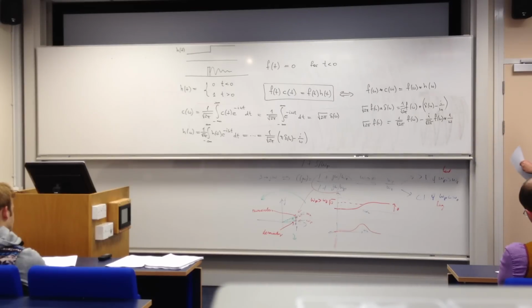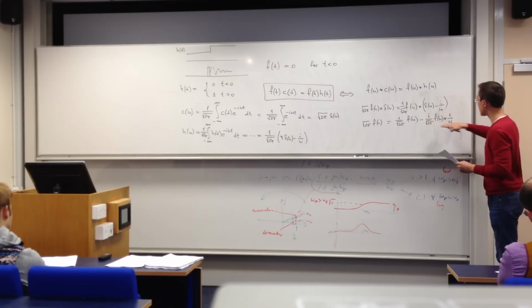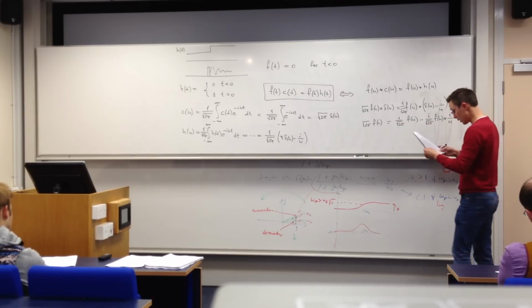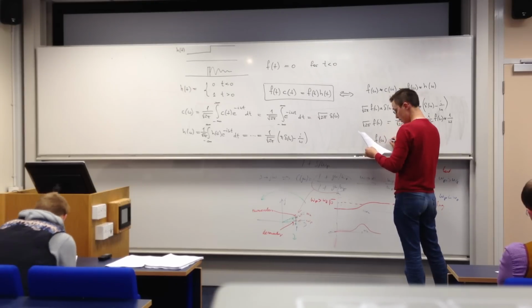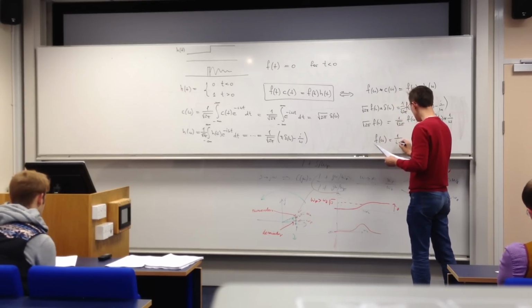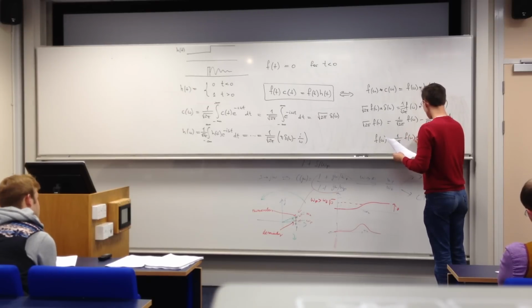We can cancel a few things here and there, and after we simplify this expression it turns out that f of omega is 1 over pi f of omega convolution 1 over omega.